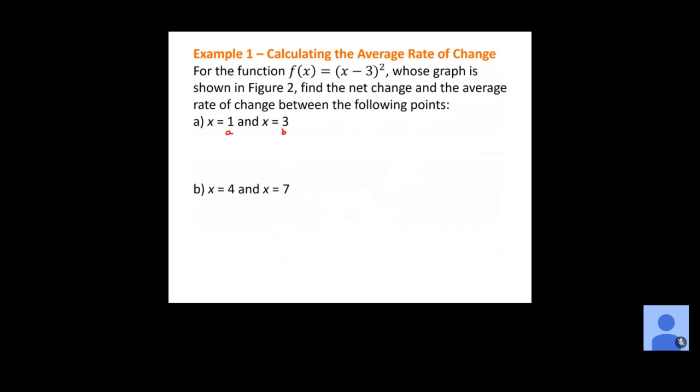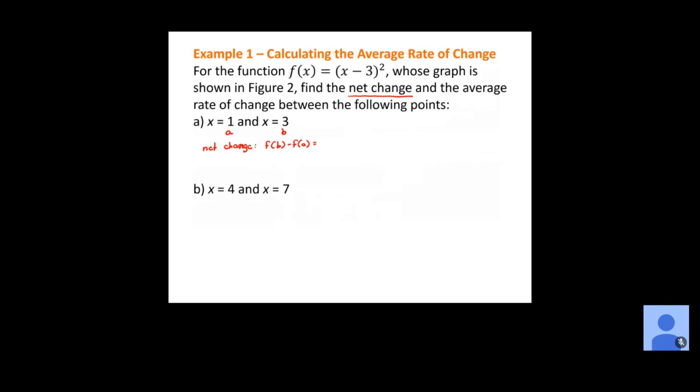So to find net change, because that's the first thing we're asked to find here, remember that formula is going to be f of b minus f of a. So that's the first thing we're trying to find.